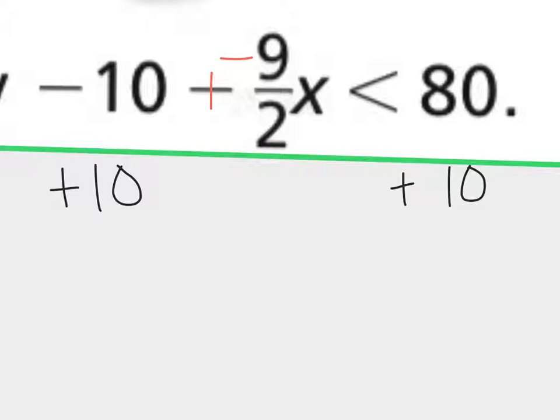Or you could say, well, they're adding a negative 10, I'm going to subtract a negative 10. Subtracting a negative 10, I'll just mention to the side here, if you subtract a negative 10 and if you add the opposite there, that's going to be the same as adding 10. Okay? So, however you want to look at that. But we do need basically a 10 to get rid of that negative 10 there.